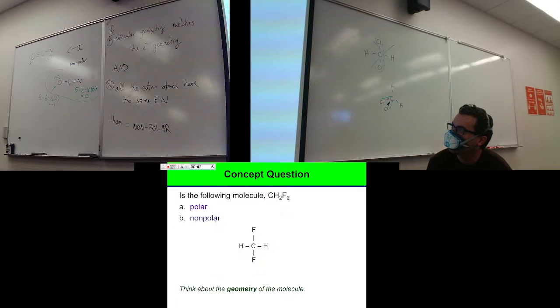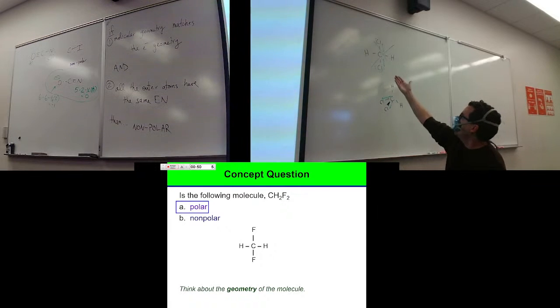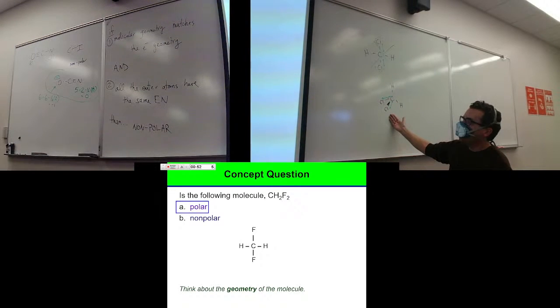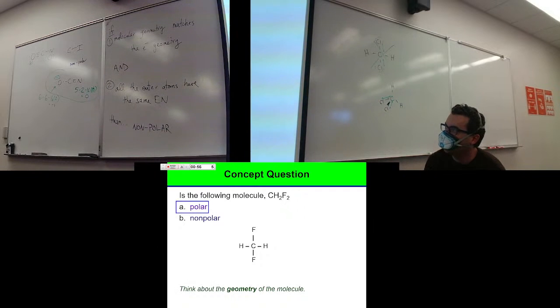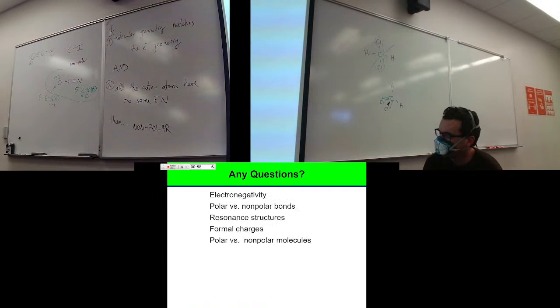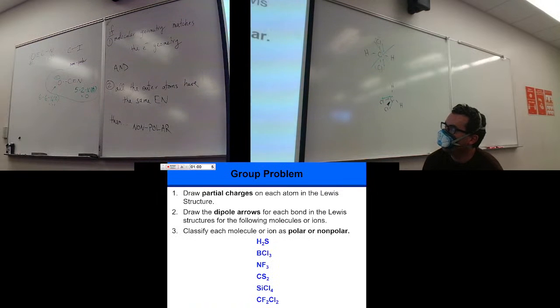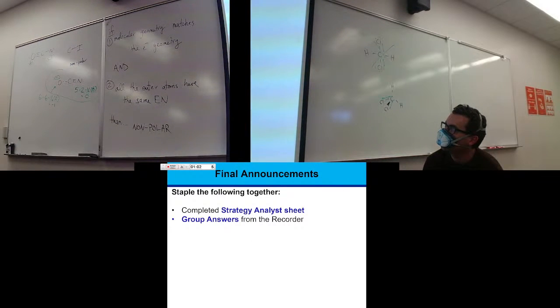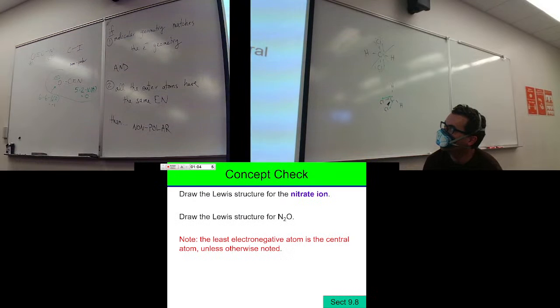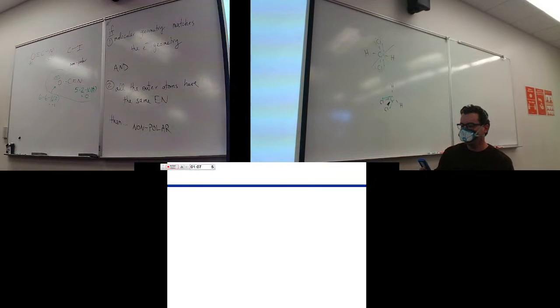Yes. So it is actually tetrahedral. It's just like this one, where if you draw it the correct way, you'll see that the fluorines are going to be on one side, and so it's going to be polar. So I think that's it. All right, we're done with today.